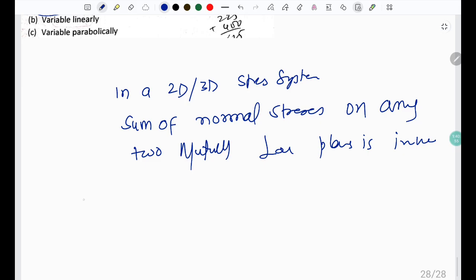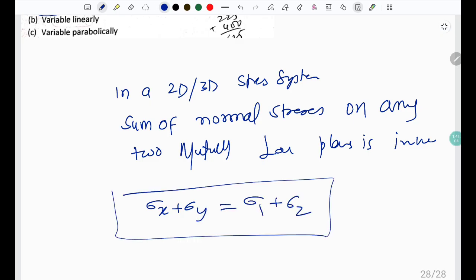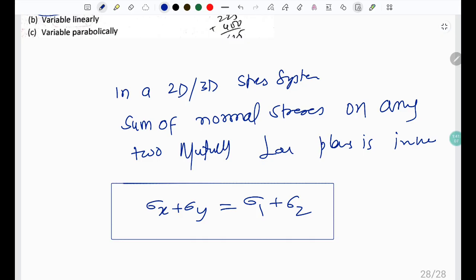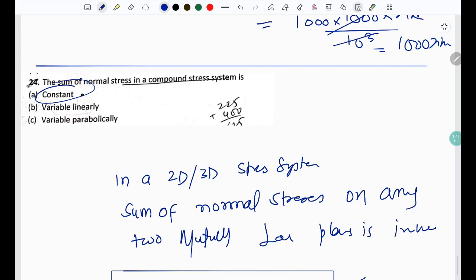That is, sigma x plus sigma y will be equal to sigma 1 plus sigma 2 on any two mutually perpendicular planes. So A is the correct answer.